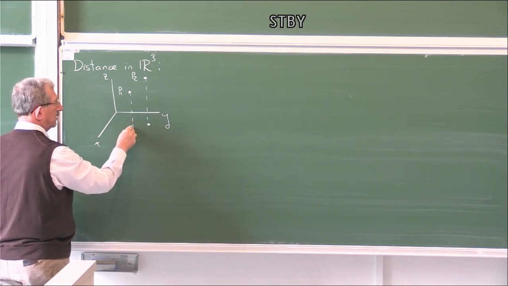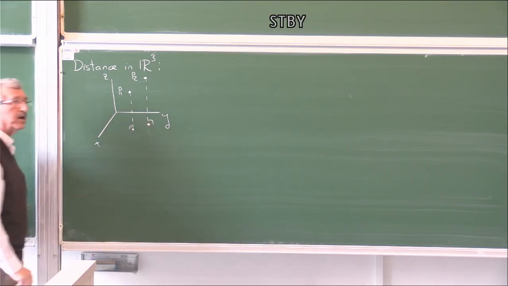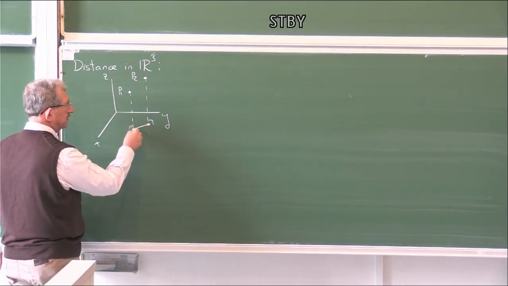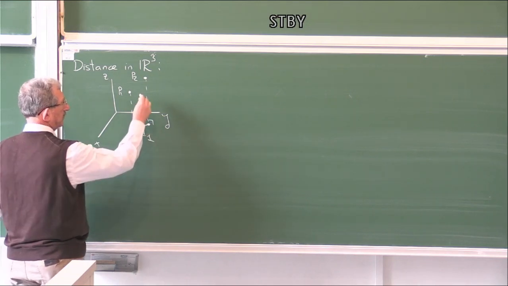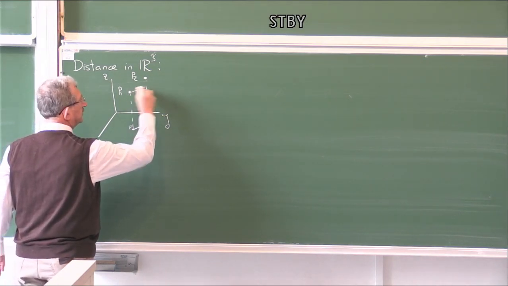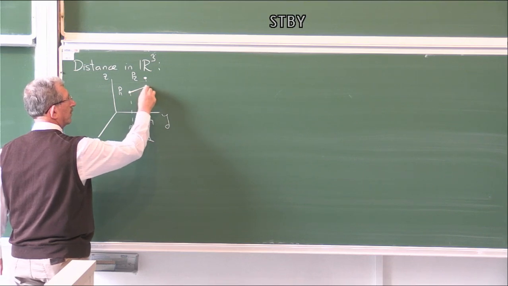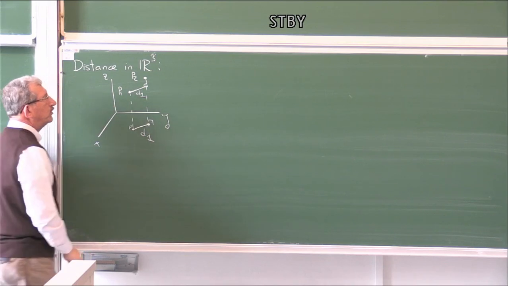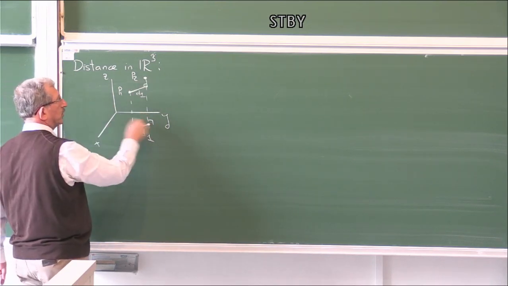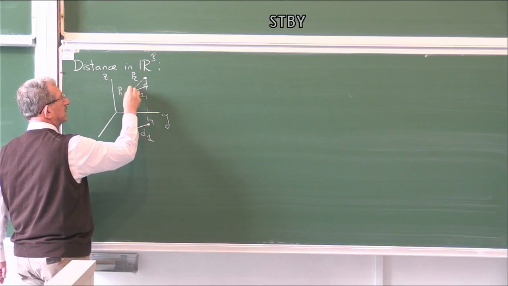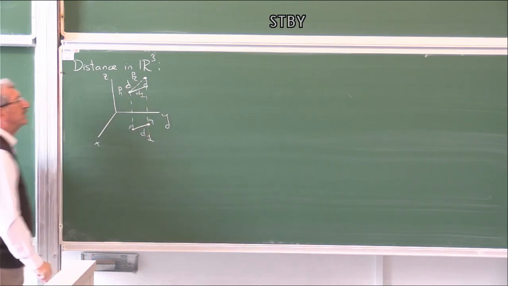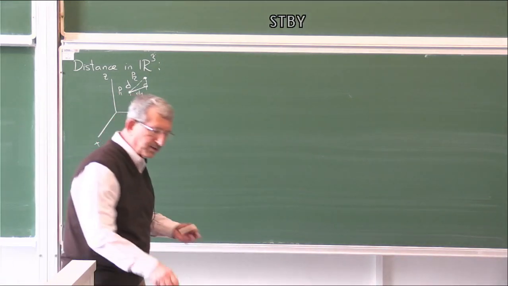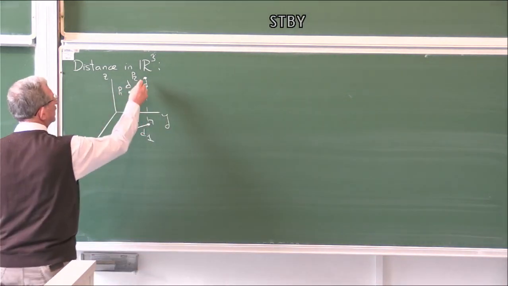And these are perpendiculars to the xy plane. Now, this distance, call it d1. In a parallel way, it means this will be perpendicular to this vertical axis. And, of course, d is the distance between P1 and P2. So what we are after is to calculate this distance.